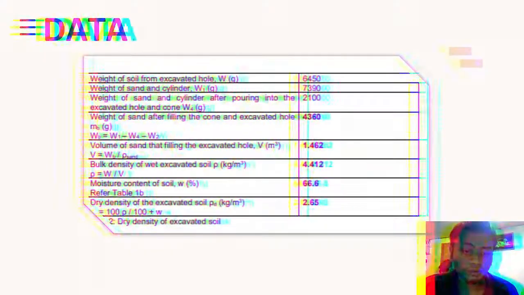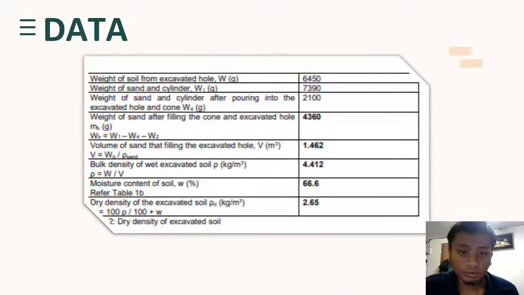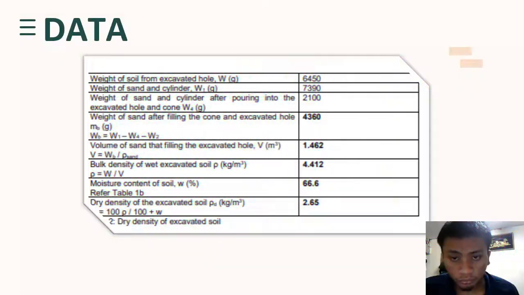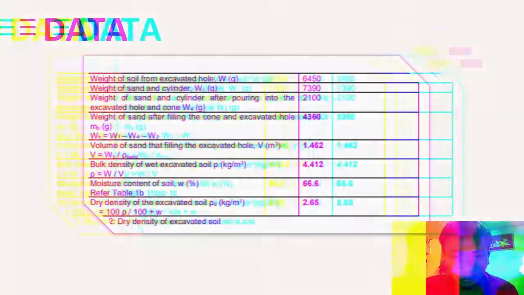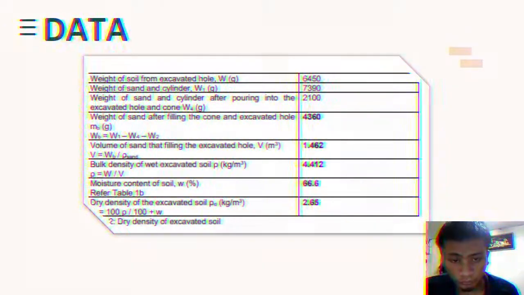The second data is about the dry density of the excavated soil. First, the weight of soil from the excavated hole, W, equals 6415, and the weight of sand with cylinder, W1, equals 7319. The weight of sand and cylinder after pouring into the excavated hole and cone, which we call W4, is 2100.